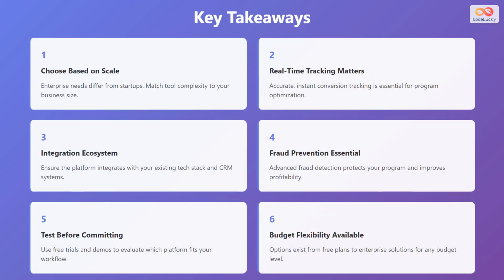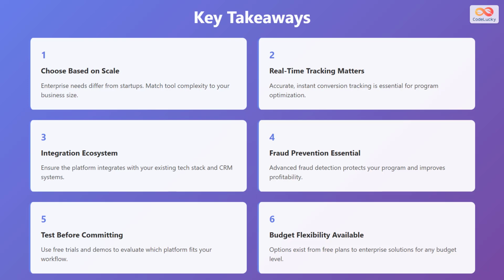Let's review the 6 key takeaways from this guide. First, choose your platform based on your business scale. Enterprise needs are very different from startup needs. Second, real-time tracking matters because accurate and instant conversion data is essential for optimizing your program. Third, check the integration ecosystem to ensure the platform connects with your existing tools and systems.